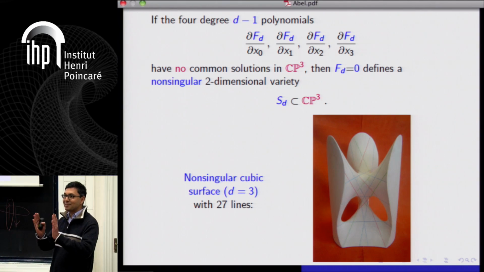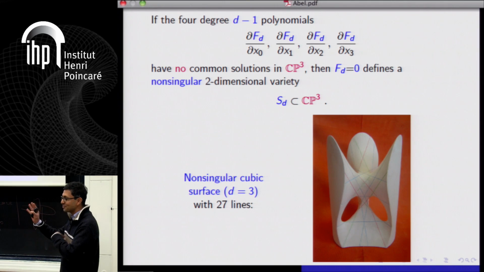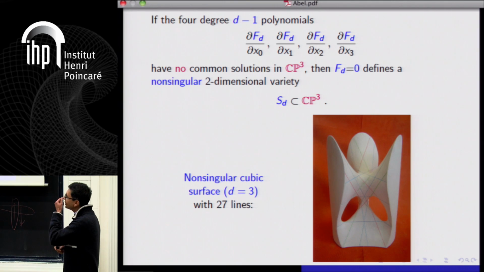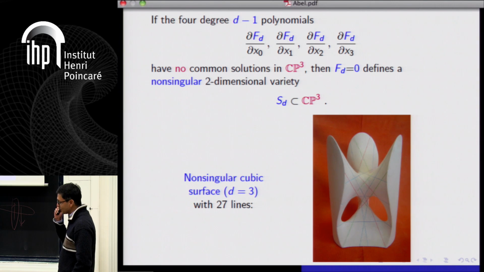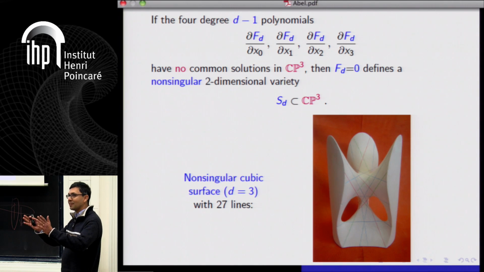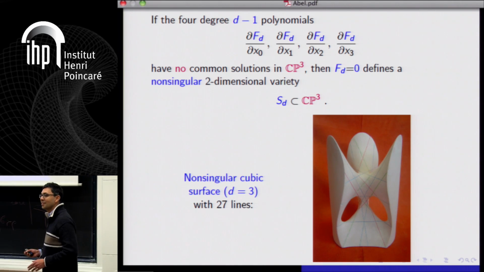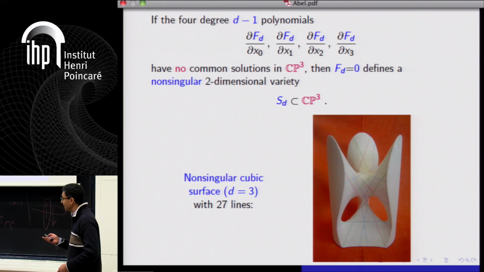The number 27 by itself is just the number 27, but in fact, it interacts with lots of classical geometry. That's not the direction of this talk. So degree 2 was the quadric surface. Degree 3 is the cubic surface. And you see we went already from infinitely many lines to just 27 lines. So we lost almost all the lines.